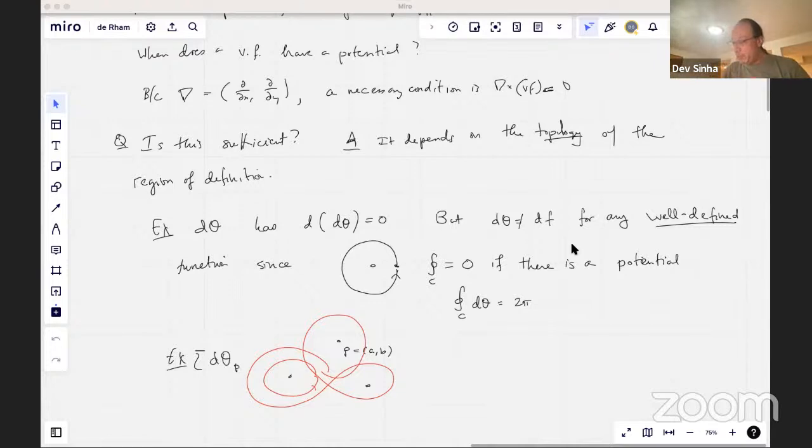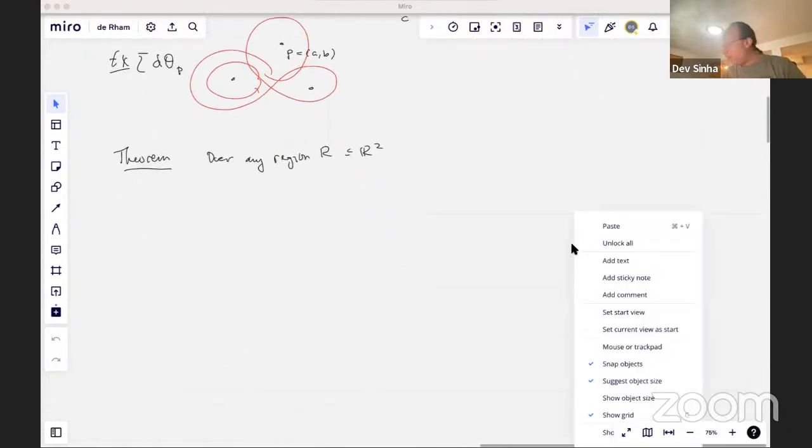And so it can be tricky to keep track of all that, but there's a key theorem that over any region R in R2, if I take the curl-free vector fields, and within those, I've got the conservative ones.